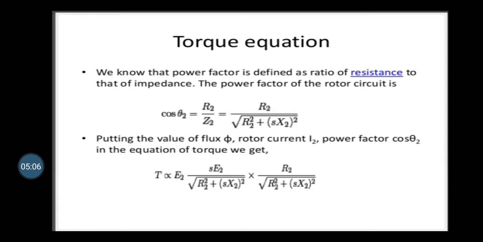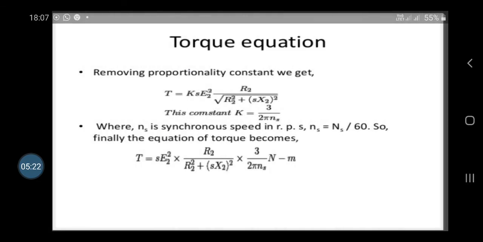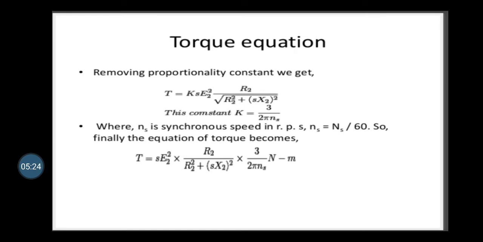T is directly proportional to E2 into SE2 upon under root R2 square plus SX2 square into R2 upon under root R2 square plus SX2 square. Now, by removing the proportionality constant, we get the torque is equal to K into SE2 square R2 upon R2 square plus SX2 square.